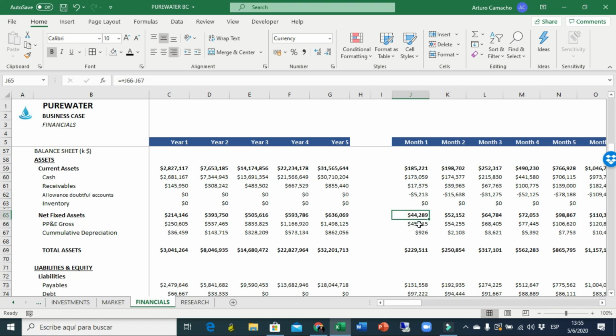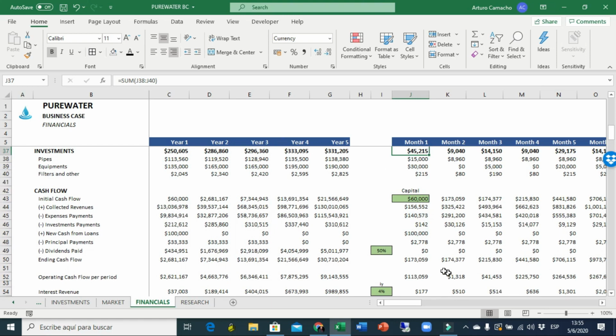The net fixed assets is just the accumulation of investments I've already made. It's called property, plant, and equipment for short. And it's just the accumulation of these investments.